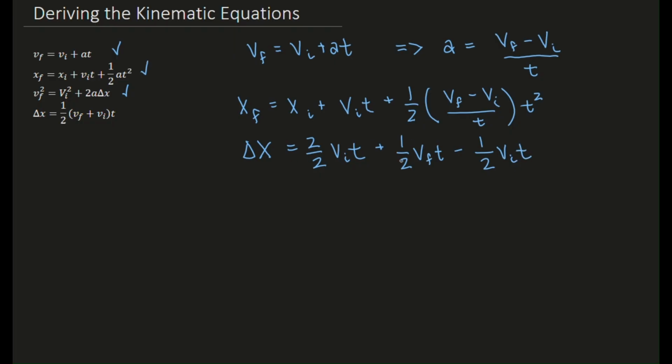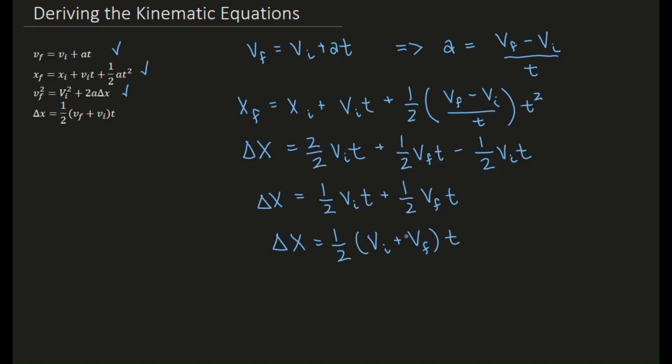I can simplify this further because parts of this initial velocity will cancel out, to be change in position equals 1/2 initial velocity times time plus 1/2 final velocity times time. So my change in position equals 1/2 times initial velocity plus final velocity, times time, which gives me my fourth kinematic equation. And this is how you derive all four kinematic equations.